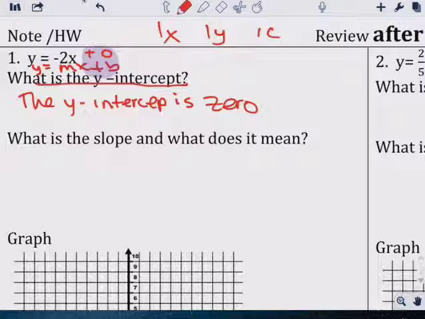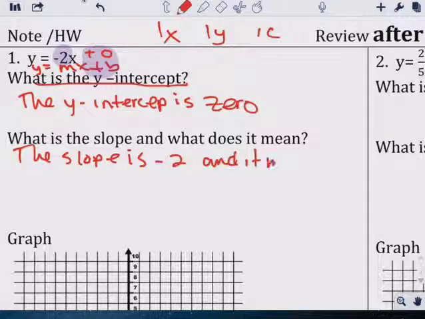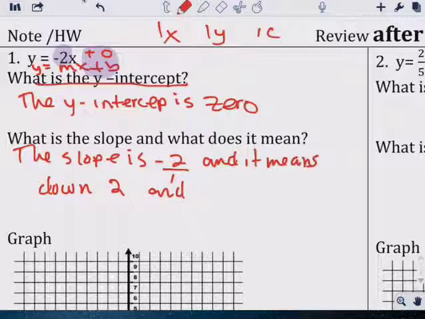What is the slope? The slope is always attached to the variable. The slope is -2, and what does it mean? It means down 2 and 1 to the right.